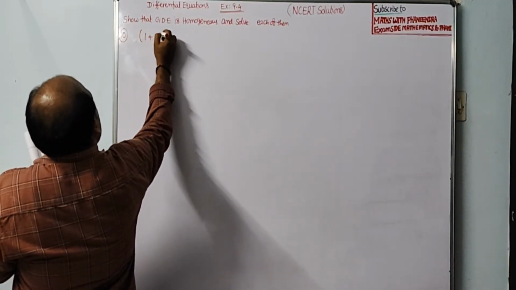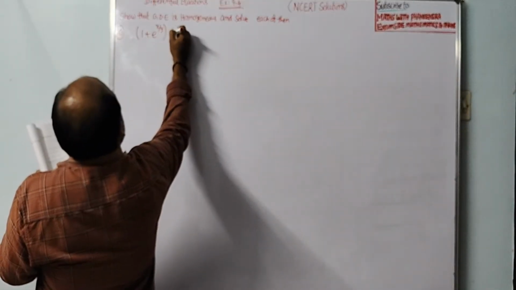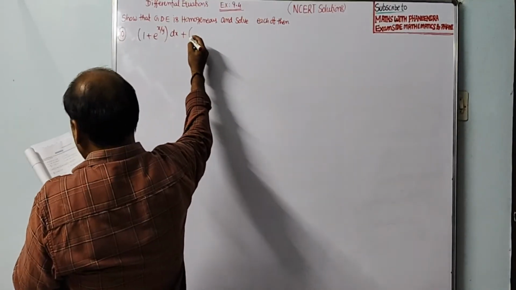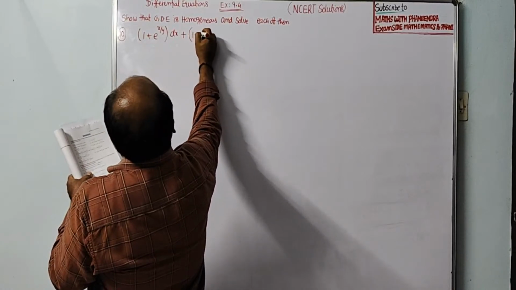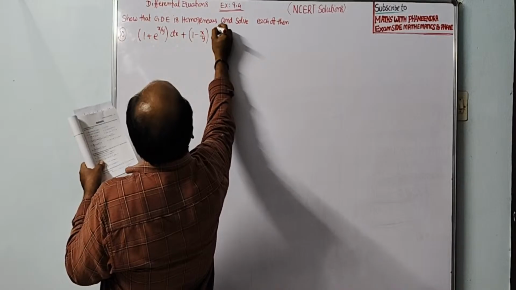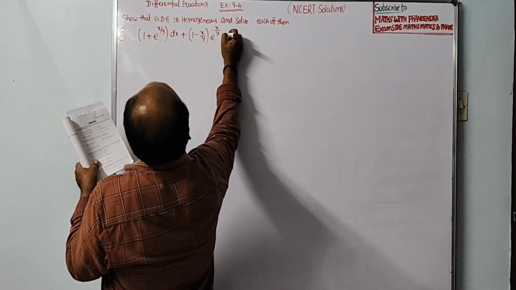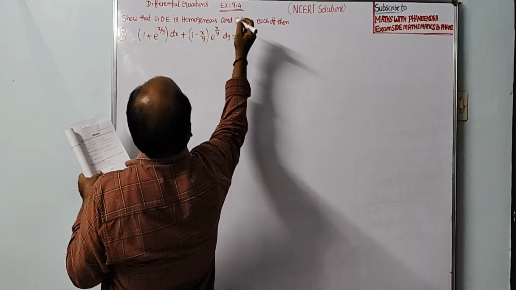(1 + e^(x/y)) dx + (1 - x/y) e^(x/y) dy = 0.